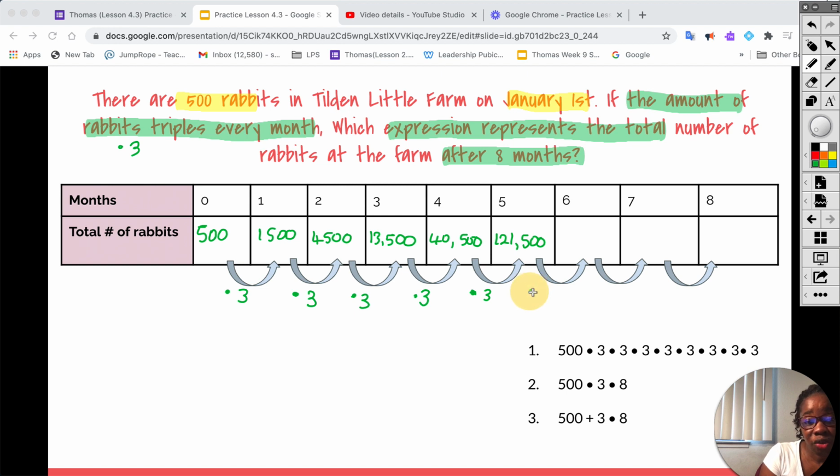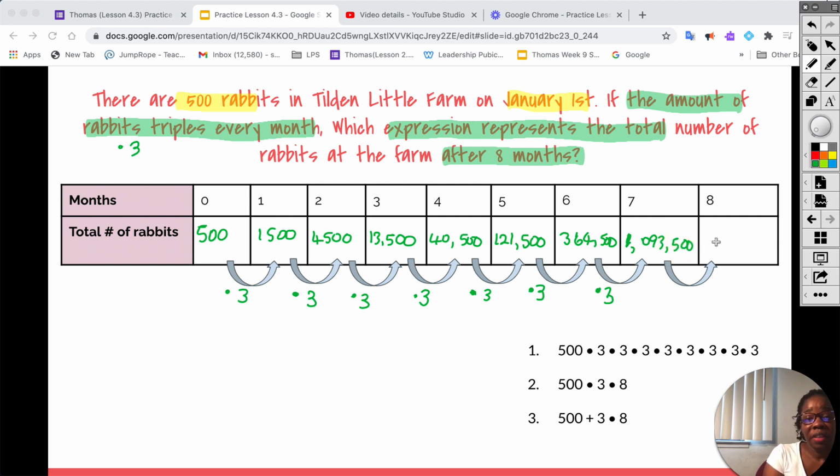which is then tripled. Remember, we need to go all the way up to the 8th month. So by the end of the 6th month, that becomes 364,500, which is then tripled at the end of the 7th month. That will become 1,093,500.